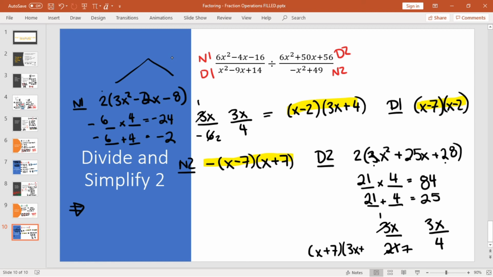So N1, x minus 2, 3x plus 4, N2, there's a negative, I'm going to put in front, x minus 7, x plus 7, D1, after I draw my beautiful line, x minus 7, x minus 2, D2, x plus 7, 3x plus 4.